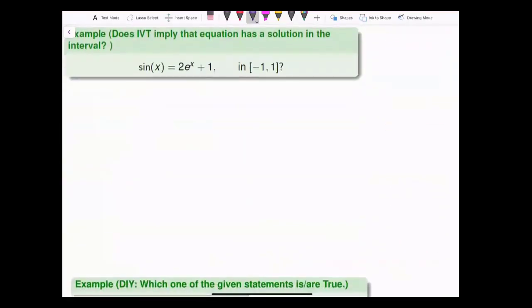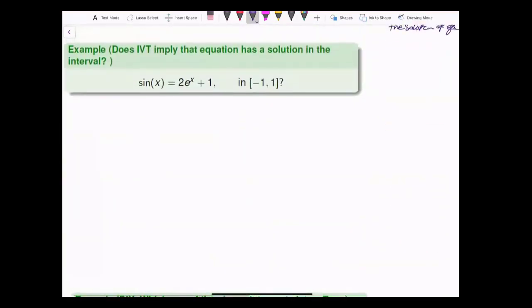So I have another example. I will just give you the main hints here. So here again, you define this function, sine x minus 2e to the power x minus 1. Show that f at -1 is actually a negative number.